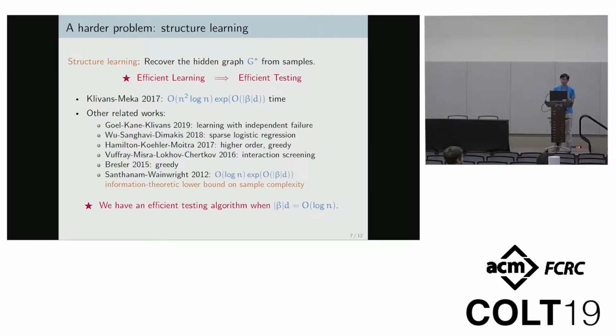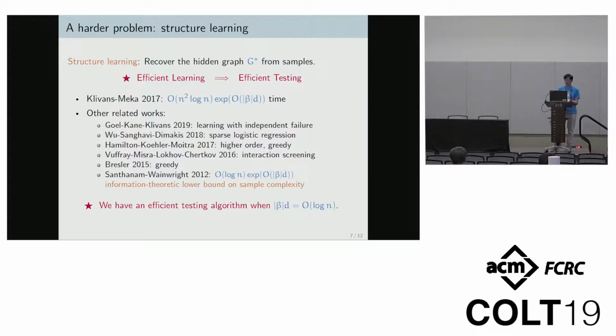For learning Ising models, there are many works in recent years, and here I refer to a result by Klivans and Meka, who gave an n squared log n and exponential in beta d time algorithm for learning Ising models.